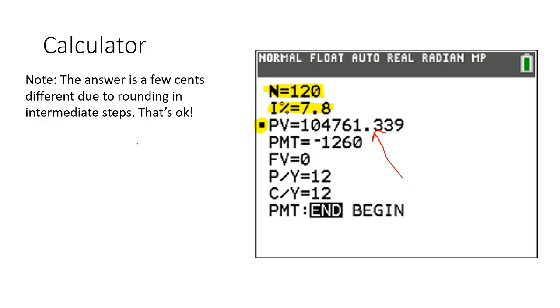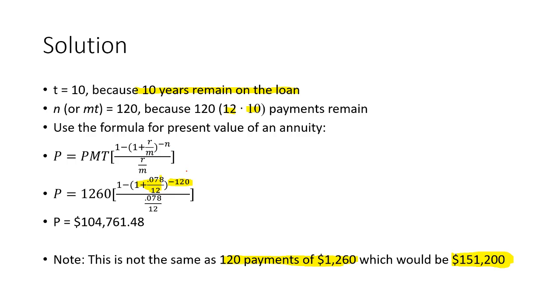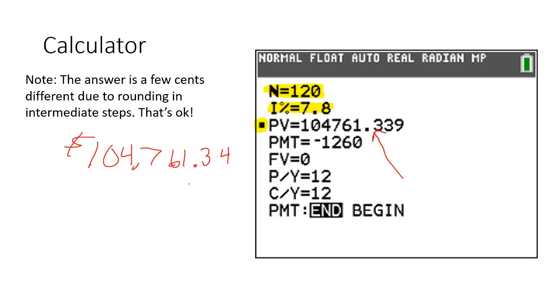Notice this answer is going to often be a few cents different than it is if we use our formula. In our formula, instead of 34 cents, we got 48 cents. That just has to do with how much rounding we do in intermediate steps. So the calculator response, when you use TVM solver, is going to be more exact, more precise. That's okay. That's a good thing, in fact.